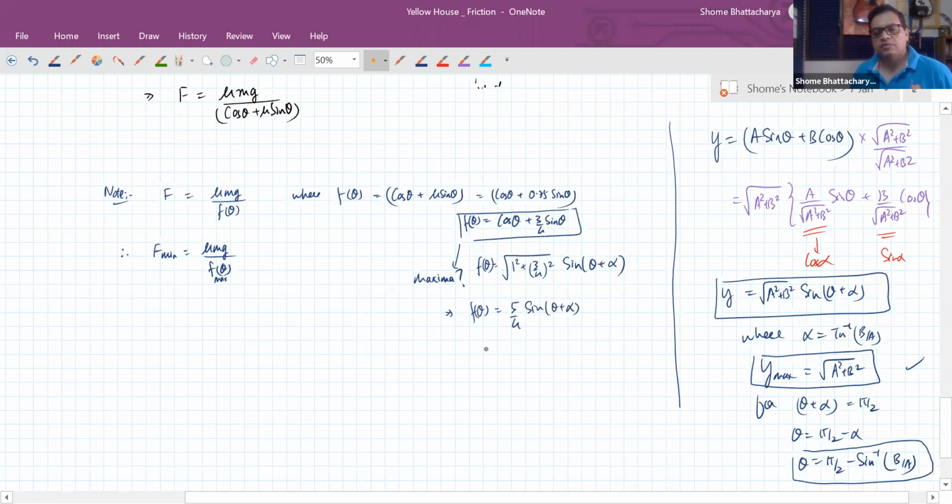Where alpha is equal to tan inverse b by a.